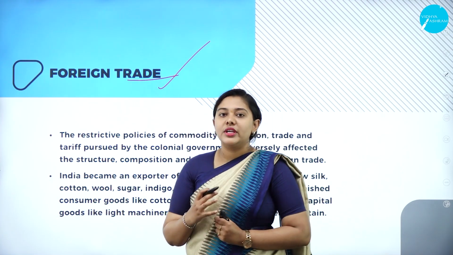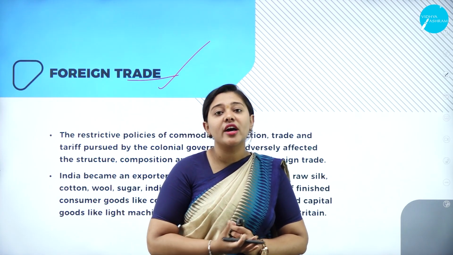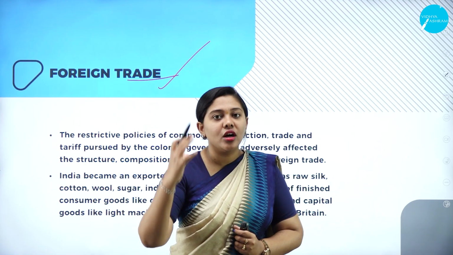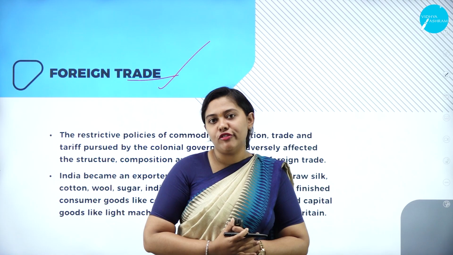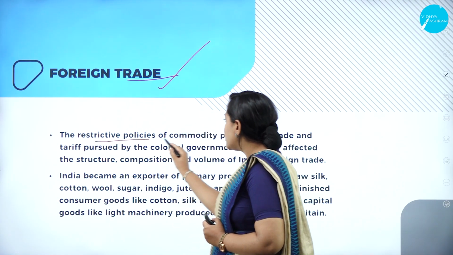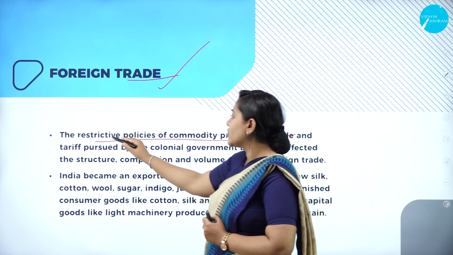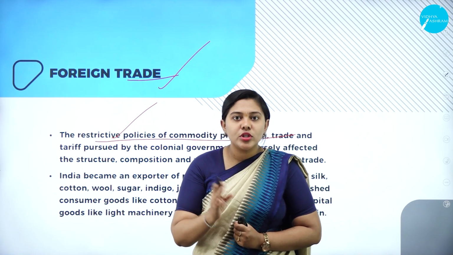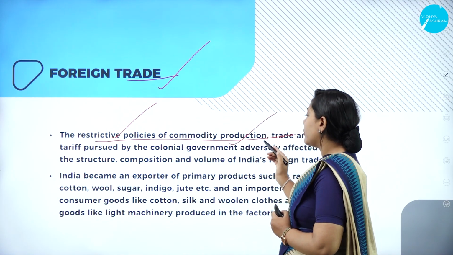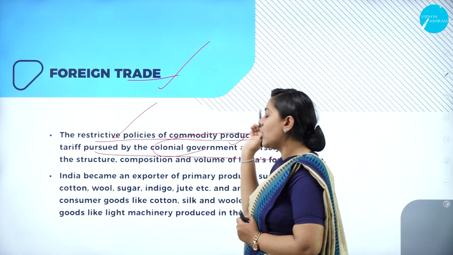So during the colonial period, that is pre-independence and post-independence, what was our foreign trade? What was the situation? Was it impacting foreign trade in a good way for us? The restrictive trade policies we had: restrictive means we had restrictions with the rules and regulations on commodity production, trade and tariff pursued by the colonial government.